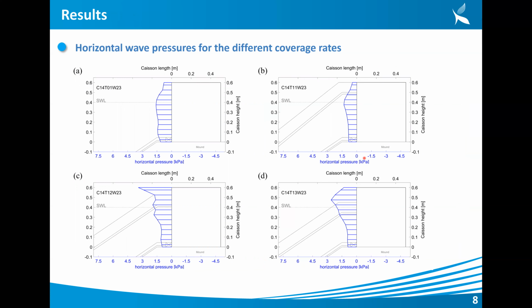When the caisson was partially covered, however, huge wave pressure acted on the exposed portion of the caisson. The peak pressure appeared at just above the crest level of the armored section. In this case, the highest pressure was observed at the top pressure sensor. In this case, the magnitude of pressure reached the maximum right above the still water level.